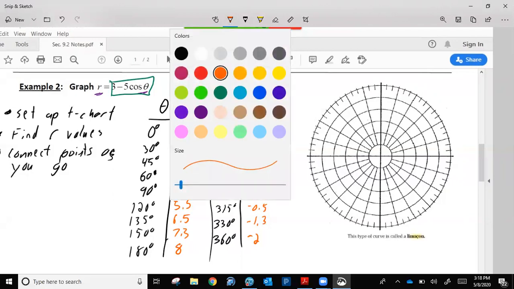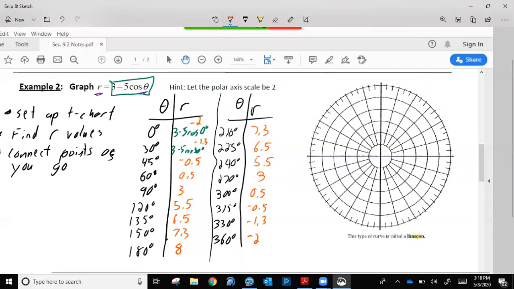Now we want to plot these to get our curve. To help myself, I'm going to label my angles on this. We got 0, skip the first one.